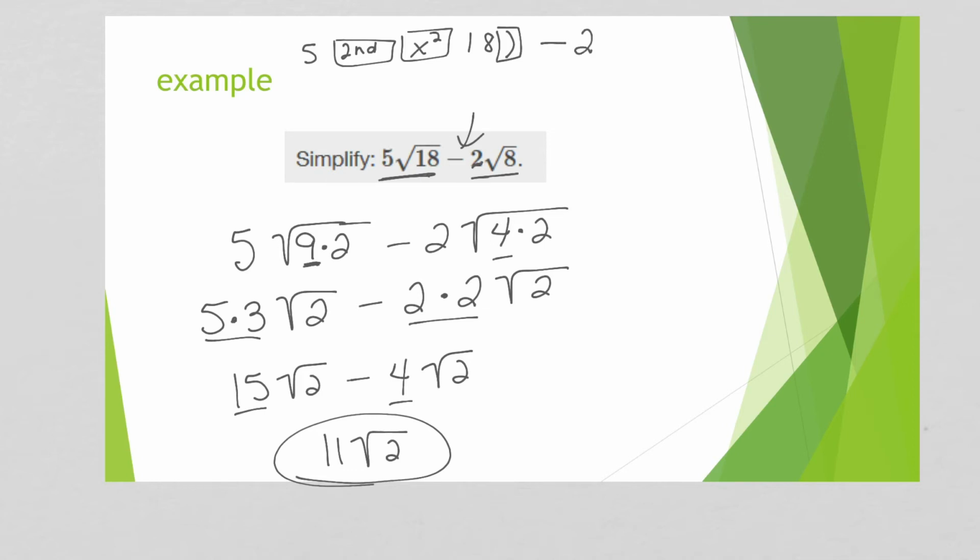You would hit 2, then second, then the x squared button, and then 8, and you can or cannot type in that close parenthesis there. When it's at the end of a mathematical sentence, the calculator doesn't really care if it's there or not. It won't change your answer as long as it's at the end of the mathematical sentence, okay?